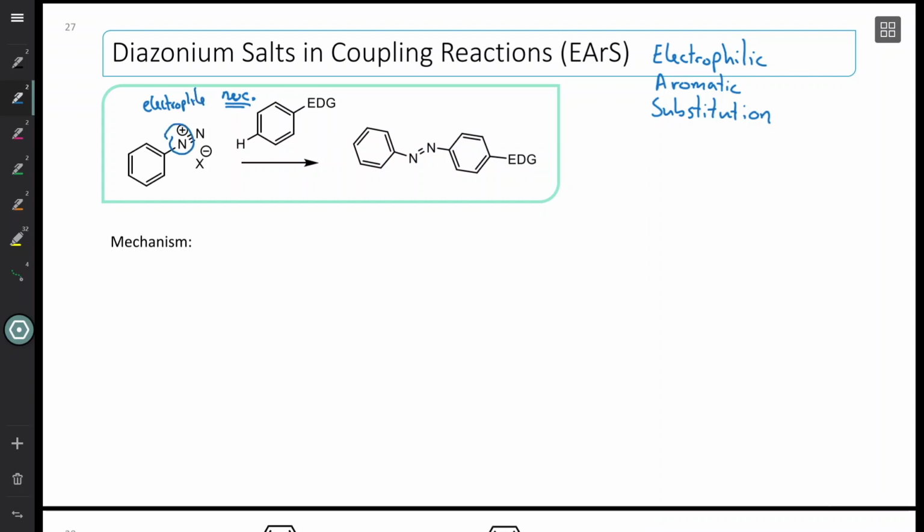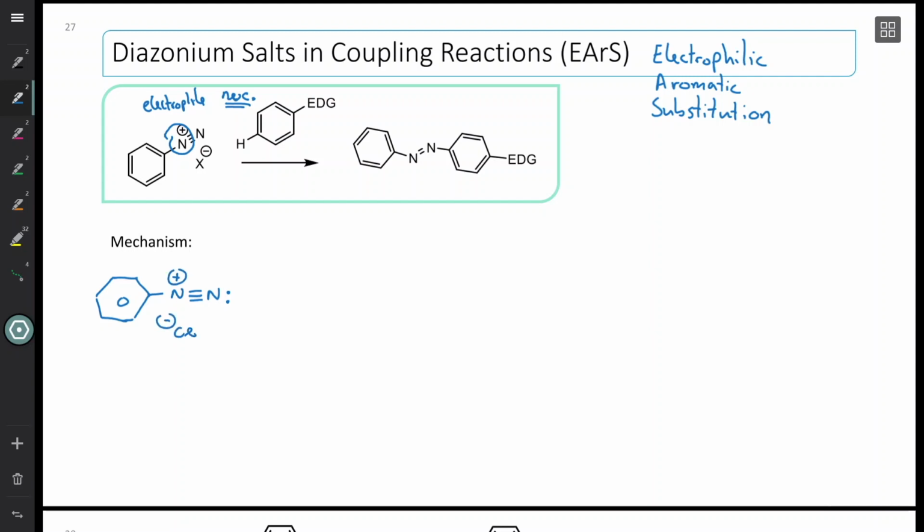Okay. Now, this works if you have, importantly, that para-electron donating group. That is important, and we'll see that in the mechanism. So here's my diazonium.